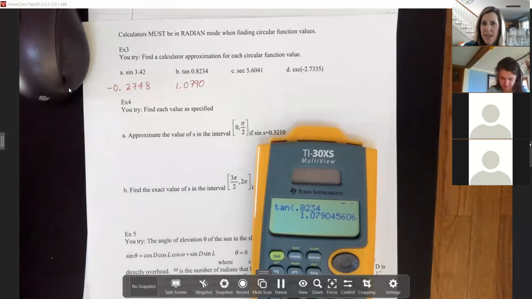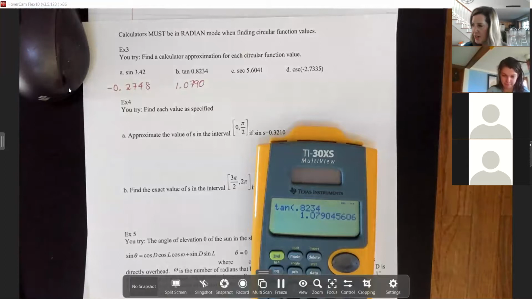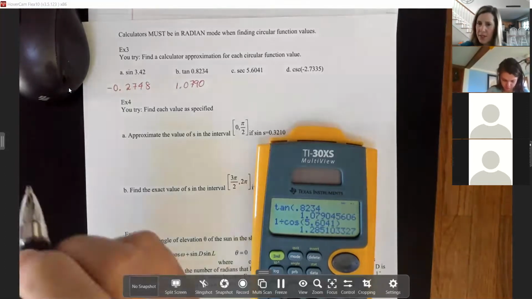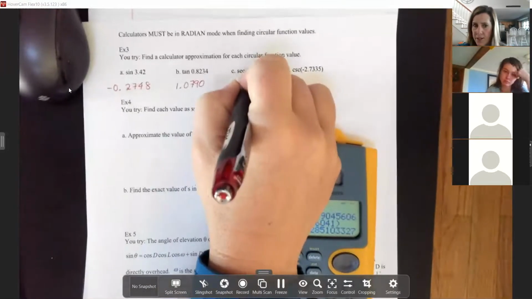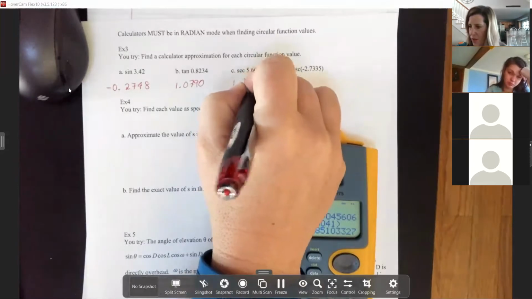I remember that the S and the S don't go together, like it's the opposite. Remember me saying that? So 1 divided by the cosine of 5.6041, and you should get 1.2851.